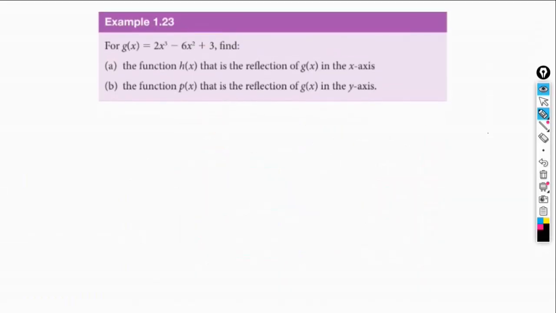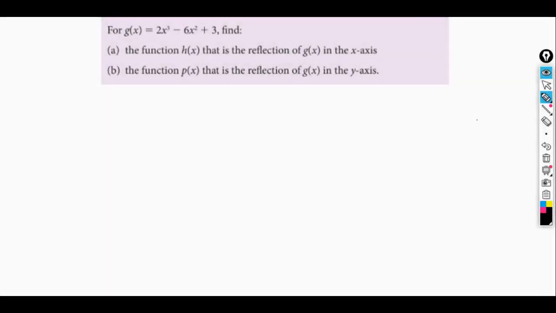So now let's take a look at example 1.23. And it says, for g of x equals 2x cubed minus 6x squared plus 3, find A, the function h of x, that is the reflection of g of x in the x-axis. So that means the reflection of g of x across the x-axis. So that means that h of x is equal to minus g of x.